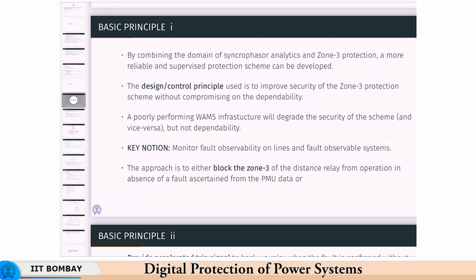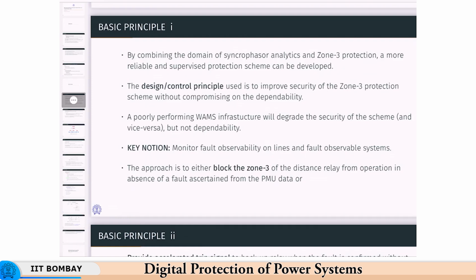So this scheme will not affect the dependability. The dependability will be the same as before, but it will improve the security, because we are not doing anything to enhance the correct tripping of the relay, but what we are doing is blocking the unwanted tripping. So, we are improving the security without compromising on the dependability of that relay. Okay.